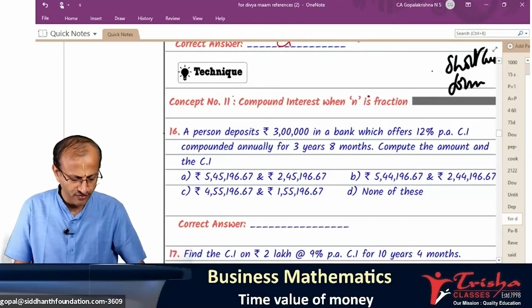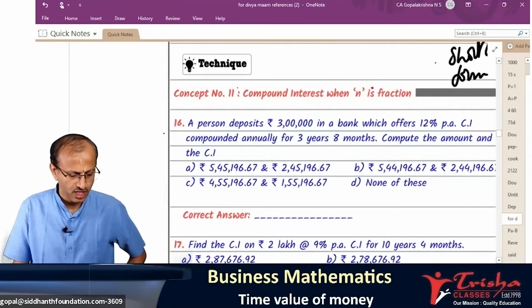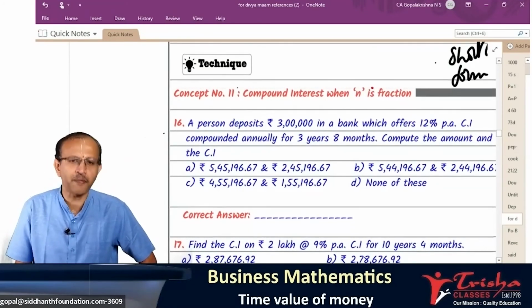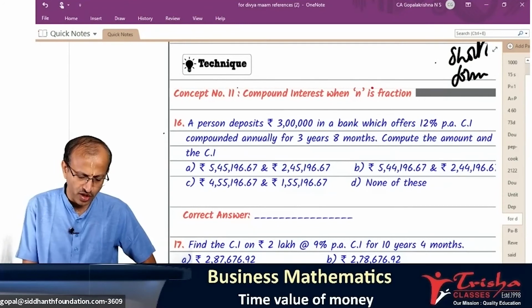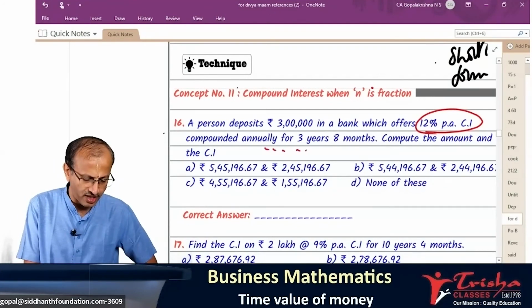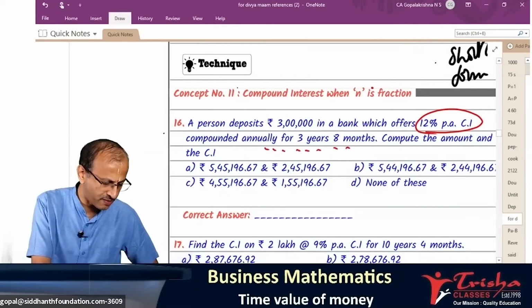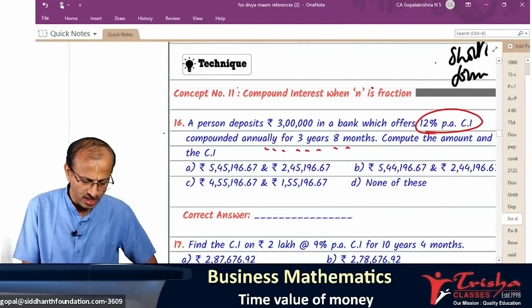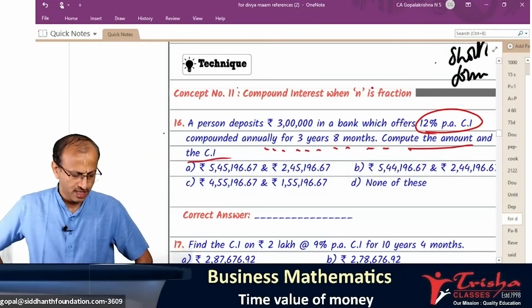I will answer the first question. A person deposits rupees 3 lakh in a bank which offers 12% per annum CI compounded annually for 3 years, 8 months. Compute the amount and the CI. There are 4 options you have to work out.